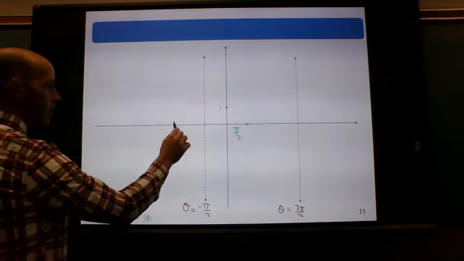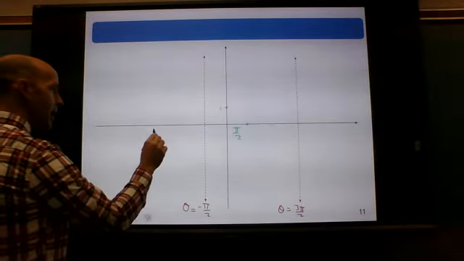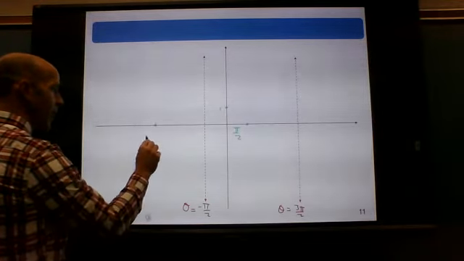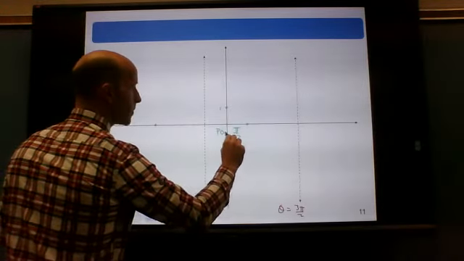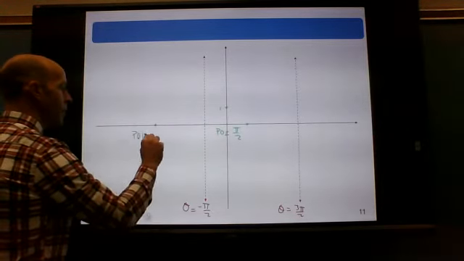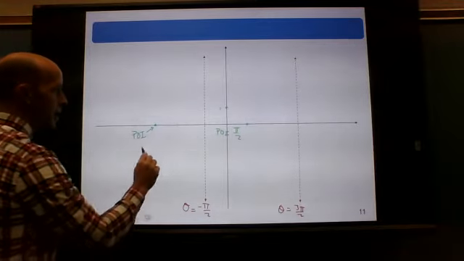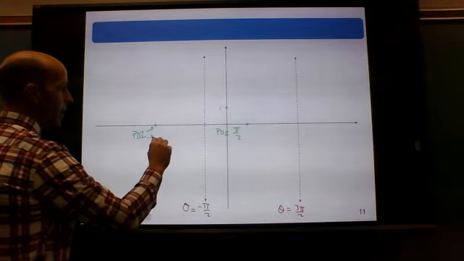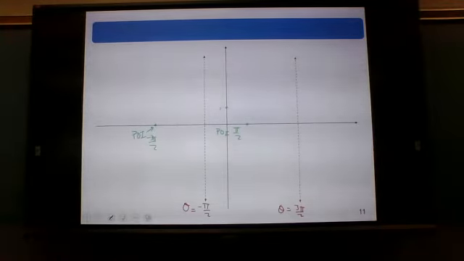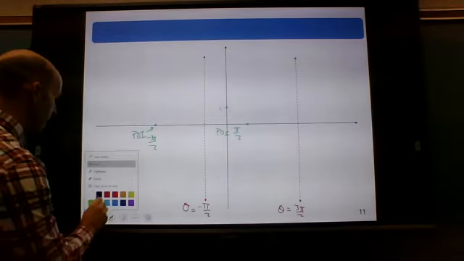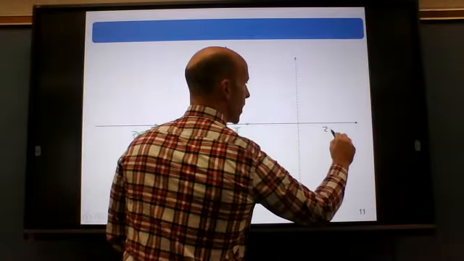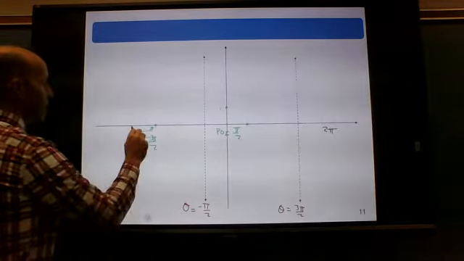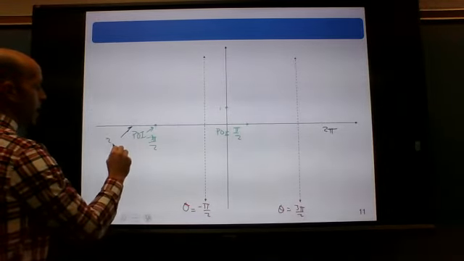This is negative pi over 2, negative pi, negative 3 pi. So here's another point of inflection. I'll put POI here. This is a POI here as well, and this is at negative 3 pi over 2. And I guess I should finally wrap this up and say that this point here is 2 pi, and then this point right here is at negative 2 pi.